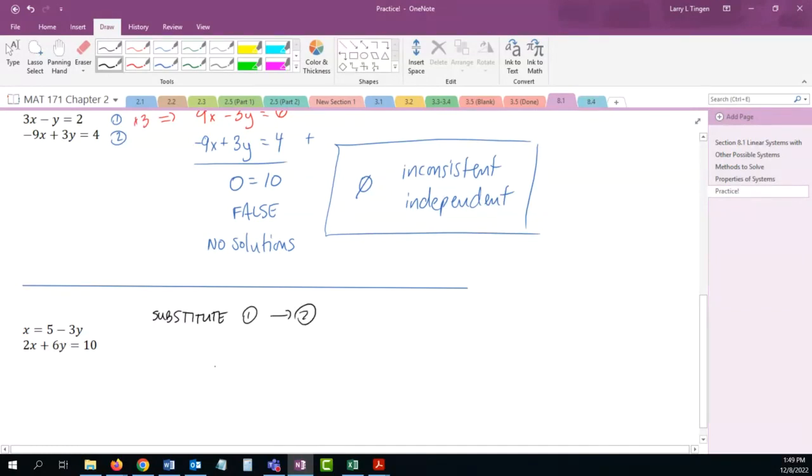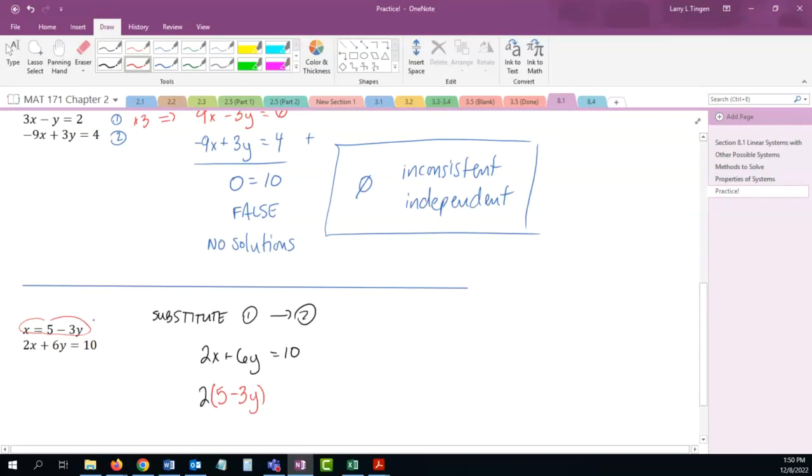Equation one into equation two. Equation two says 2x plus 6y is equal to 10. But I know that in equation one, x is equal to 5 minus 3y.